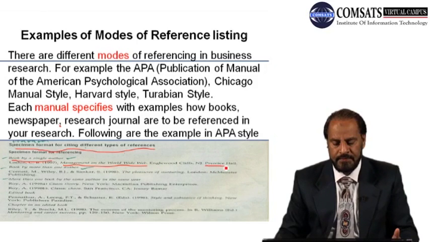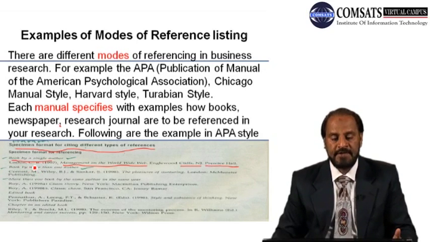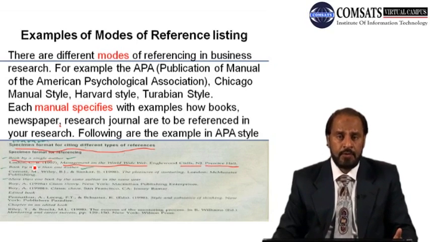These are the publishers, and this is the city or the state where this particular book has been published. So basically starting with the last name, then the first name, with just the abbreviation used with a dot. So this is one way of referencing different authors which have been quoted or cited in your research.